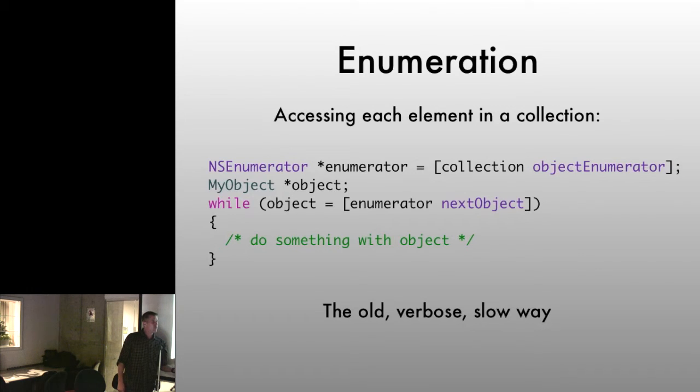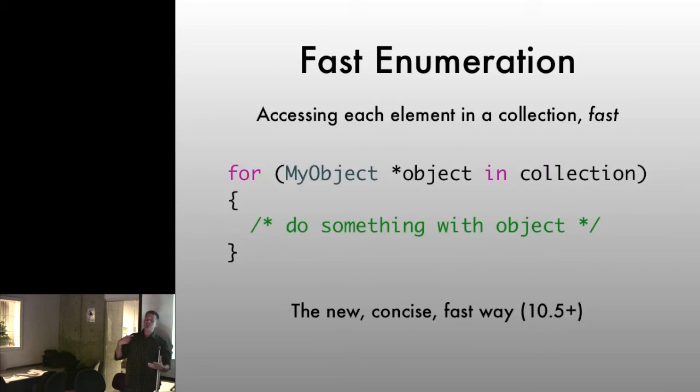The new way to do this came out in OS 10.5. They give you a new shorthand way to do this. You may recognize this, it's a lot like Java's shorthand. So, for, the type of the object that's in your collection, the variable name, in, and then the name of your collection.